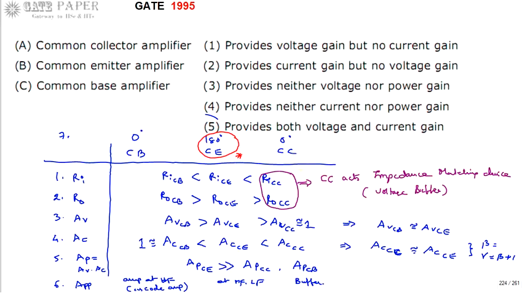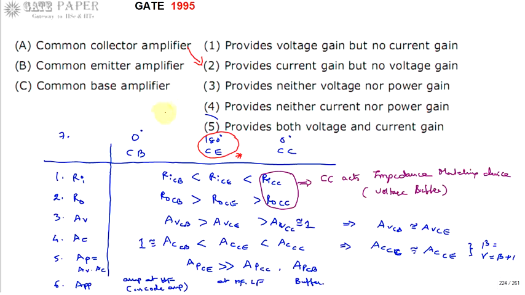Now we will see about the answer. Common collector provides current gain but no voltage gain, because common collector has unity voltage gain, so it cannot provide any voltage gain.